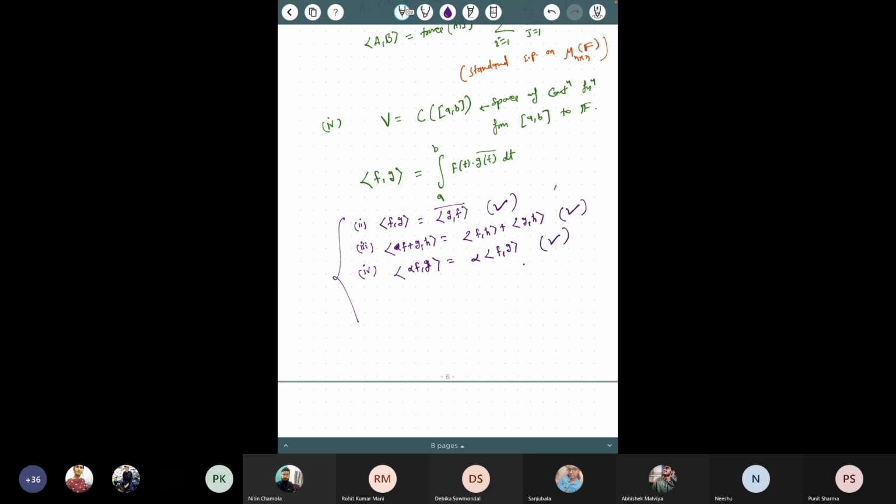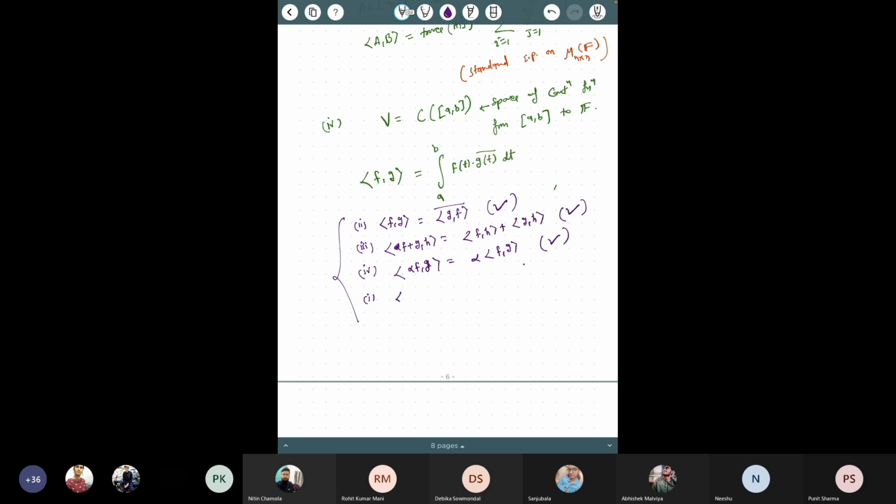What about the first property? Let us check whether it is true. The first property has two components, non-negativity and positivity. The non-negativity is very clear here.